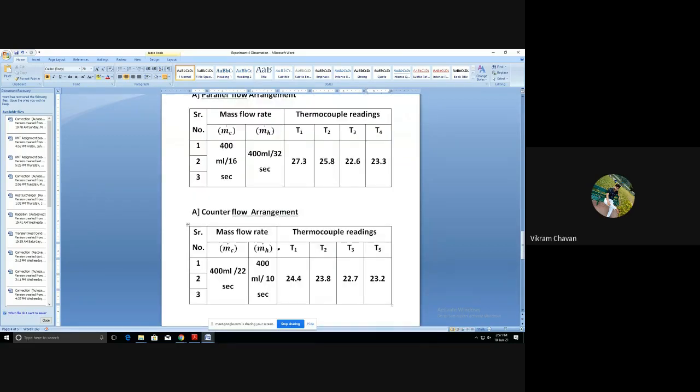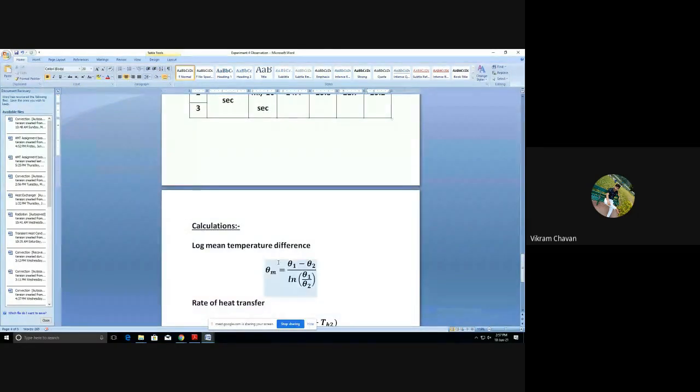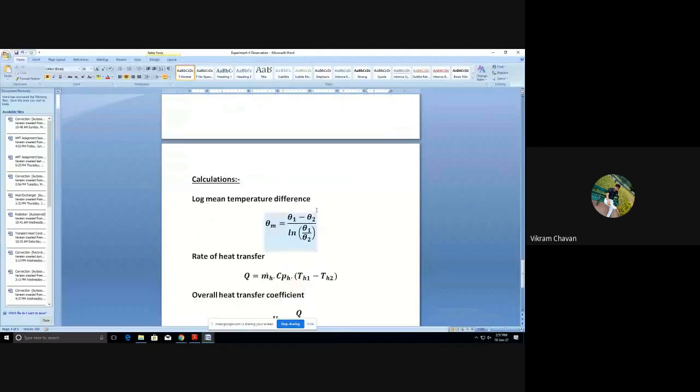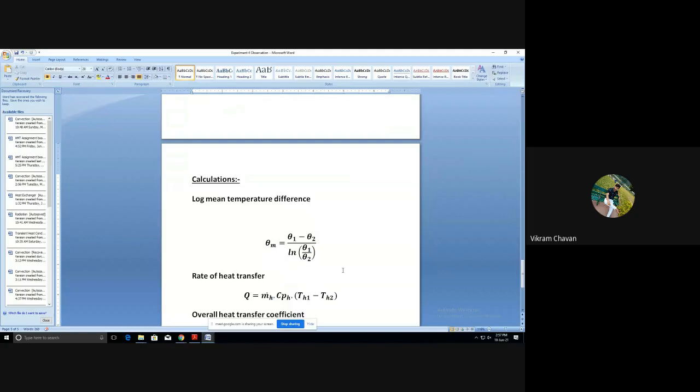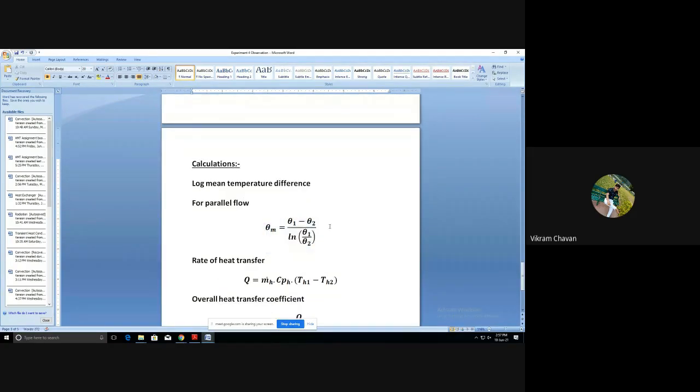First of all, we have to calculate the log mean temperature difference for parallel flow. It is equal to theta 1 minus theta 2, whole divided by ln of theta 1 divided by theta 2.